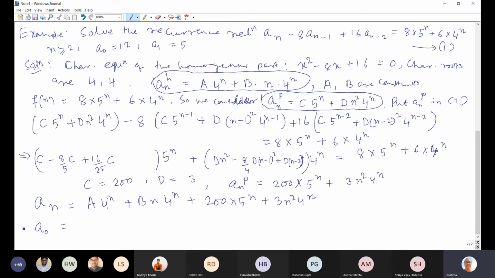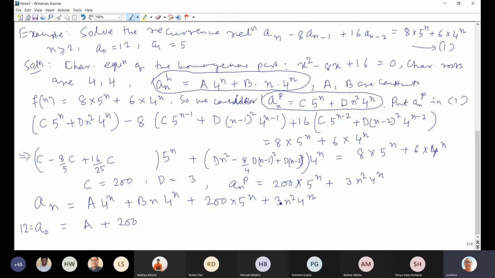On the right hand side n is equal to 0, so those terms will be 0, and here you are getting 200.